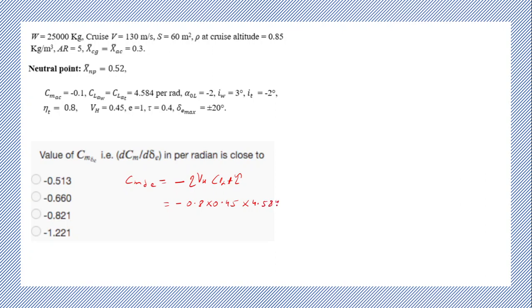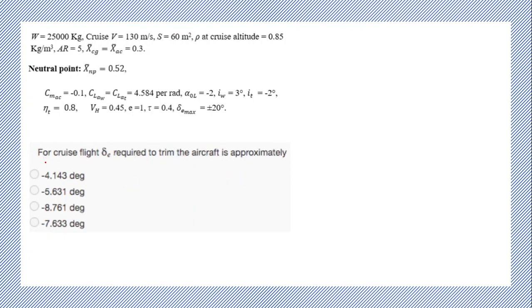Okay. 4.584, and tau is also directly given to you, 0.4. What is the value? Minus 0.66. Correct? Okay.